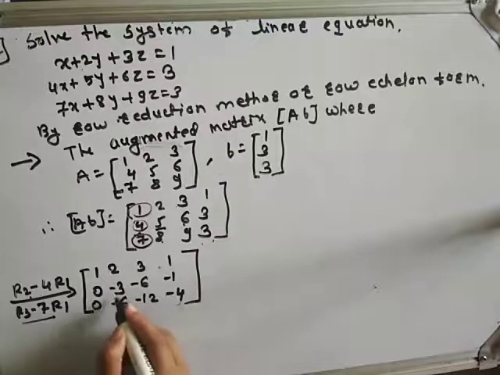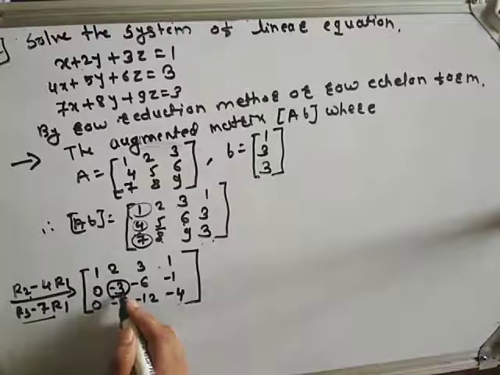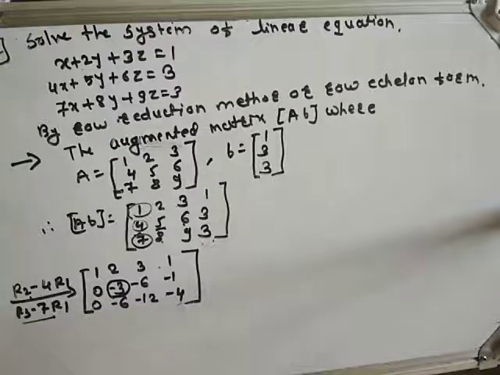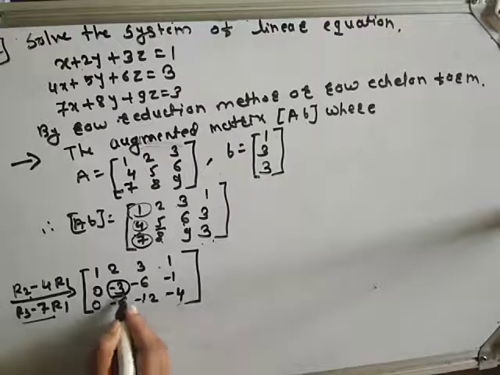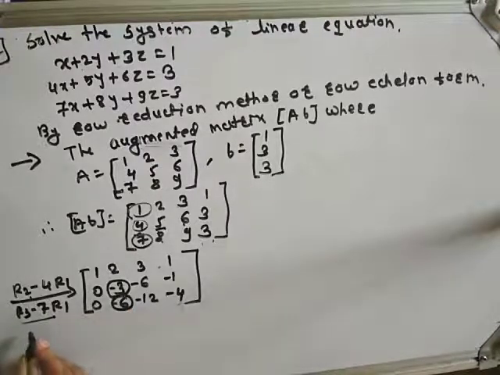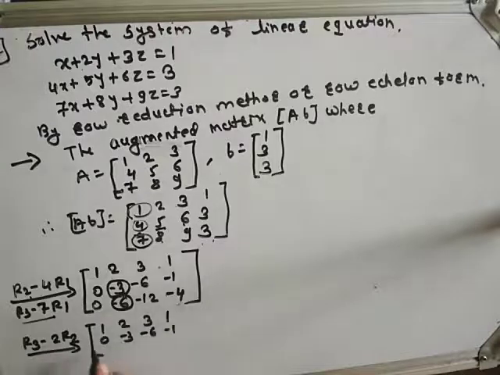See here, this is the leading entry for the second row. Here we require 0 below it. For this we perform the row operation R3 minus 2R2. First row 1, 2, 3, 1, second row as it is: 0, minus 3, minus 6, minus 1.